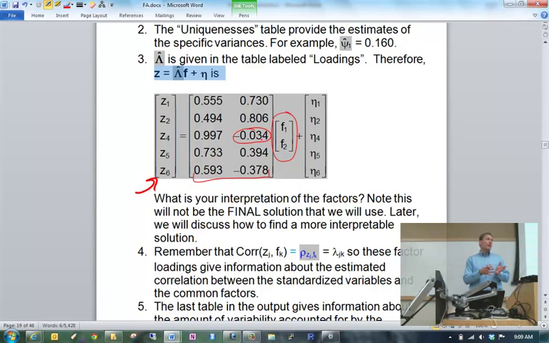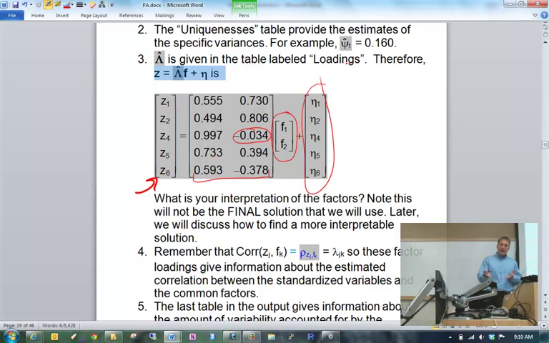So when I interpret that common factor, then I wouldn't include that particular z in the interpretation. So then we add that to our specific factors, the etas, which basically account for all the other information that's not necessarily accounted for by these common factors.